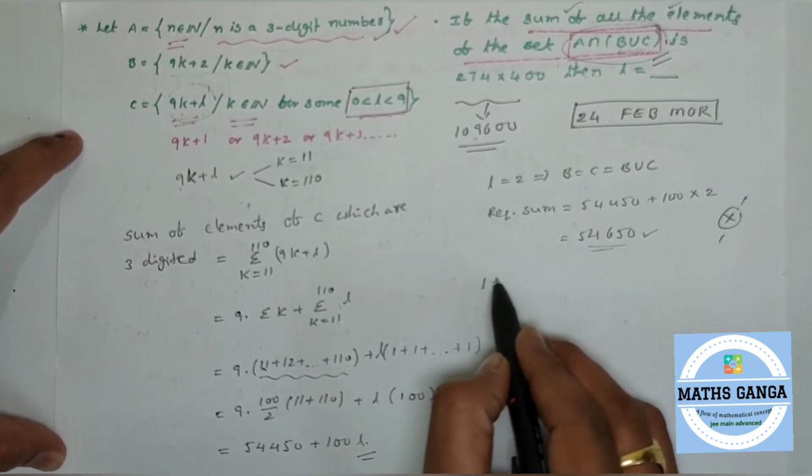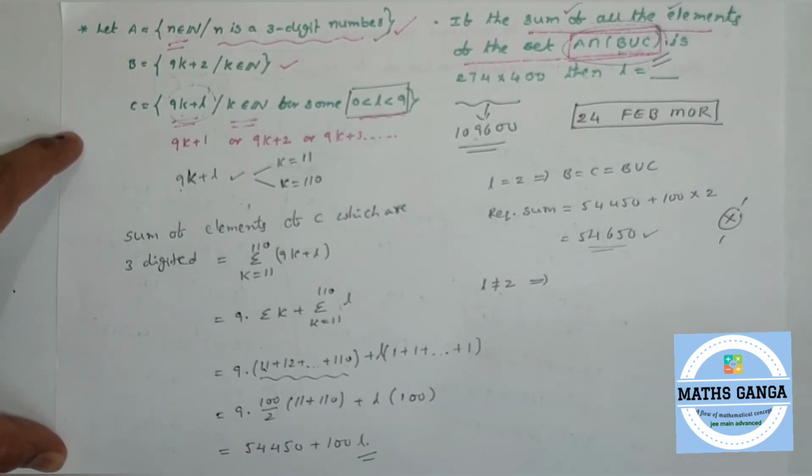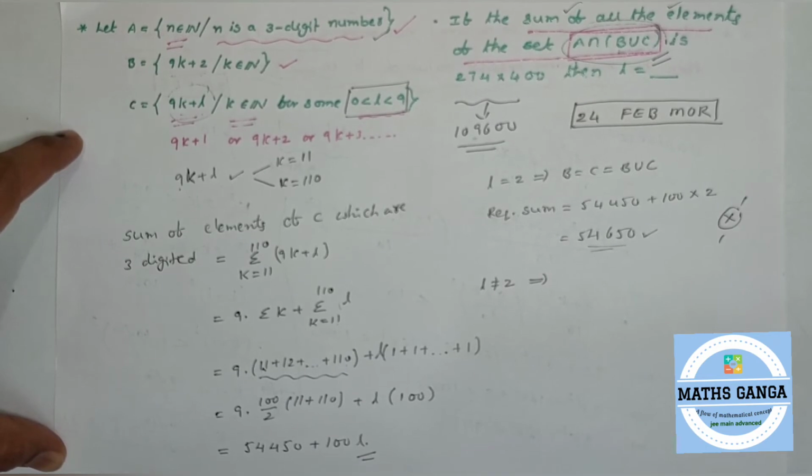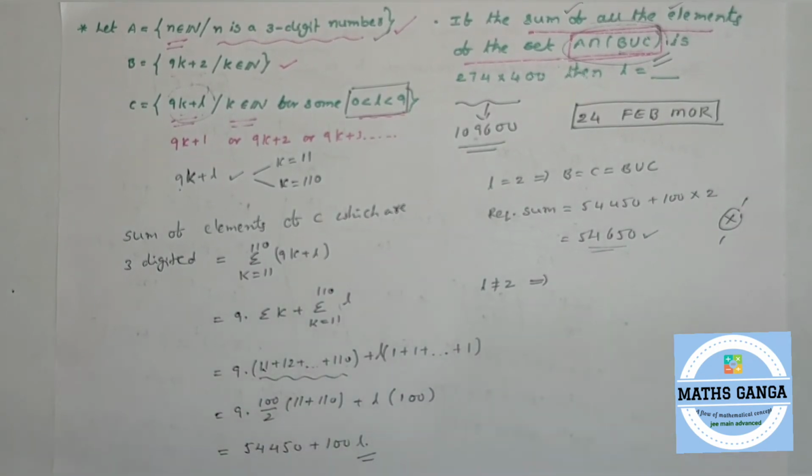So the next case is L not equal to 2. Since L is not equal to 2, then L may be any other number. Then what can we say about A intersection of B union C?